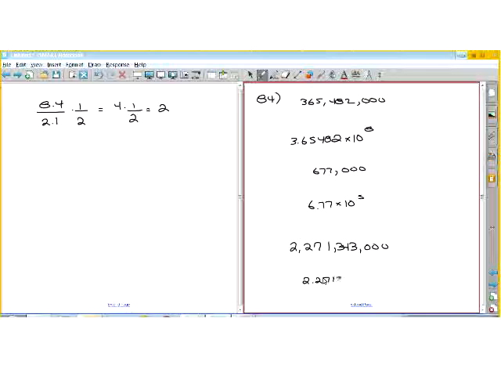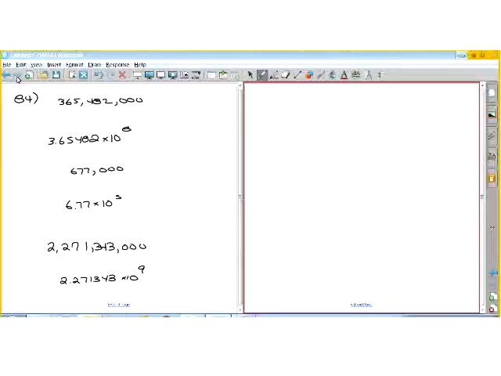So we get 2.271343 times 10 to the 9th. And just for your reference, 10 to the 6 is million, 10 to the 9th is billion, 10 to the 12th is trillion.